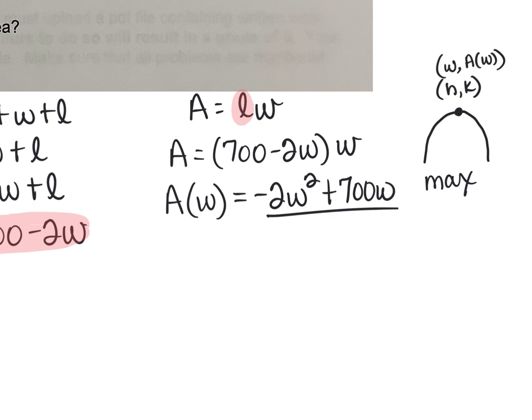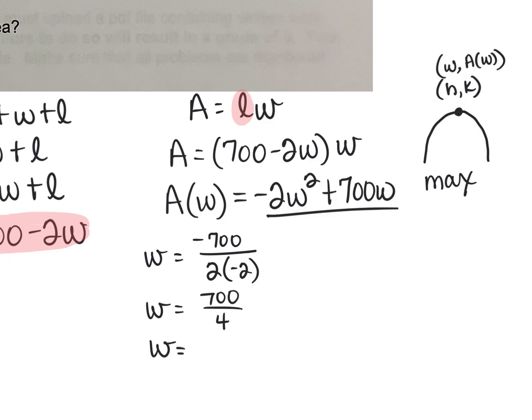So our quadratic formula says that we use h is equal to negative b over 2a. For us, it's going to be W is equal to negative b over 2 times a. So we're going to have 700 divided by 4. And this is going to give us an answer of 175.